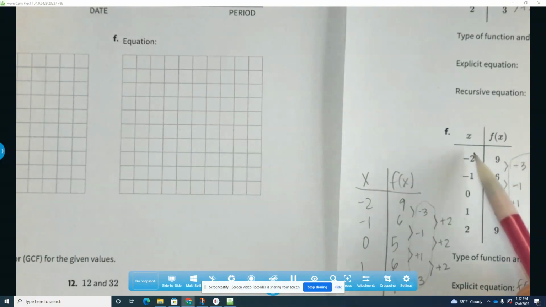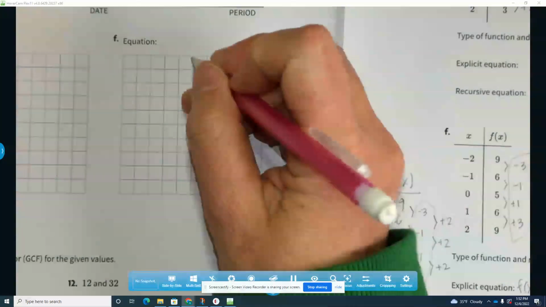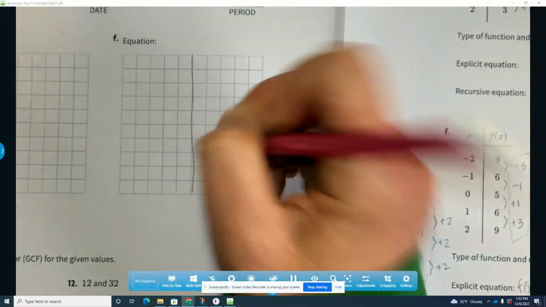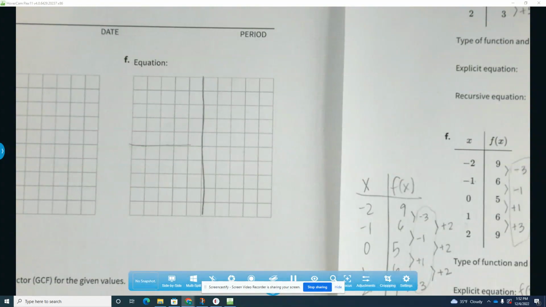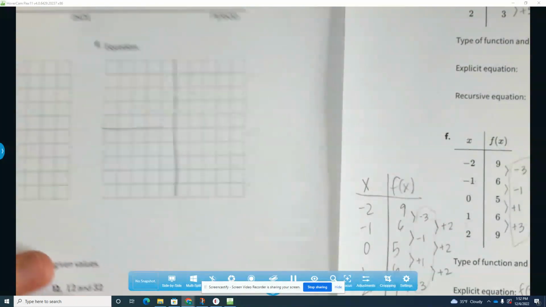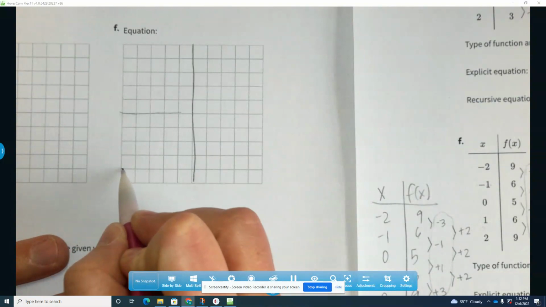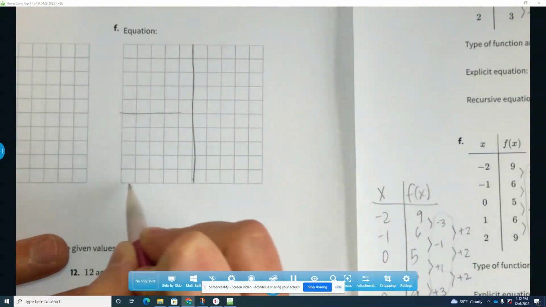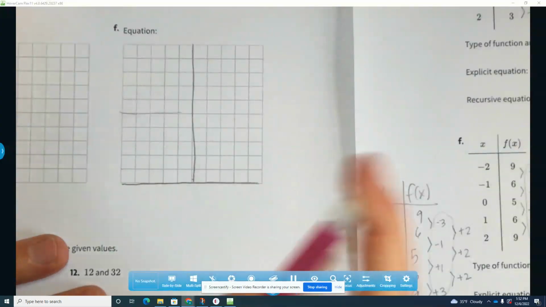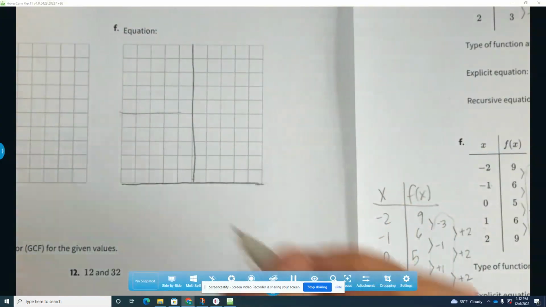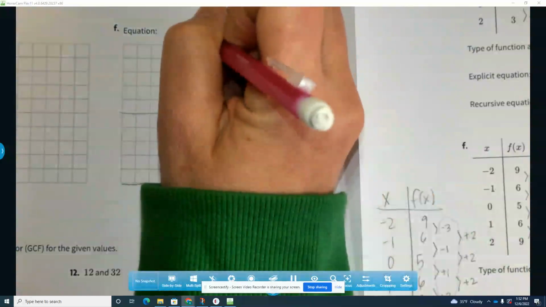But look here, you've got a couple negative x values, which means you're going to need the left-hand side of your x-axis. You don't have any negatives in your f of x values, so you won't need anything below the x-axis, so you could actually do this. So here's your x-axis, here's your y-axis.